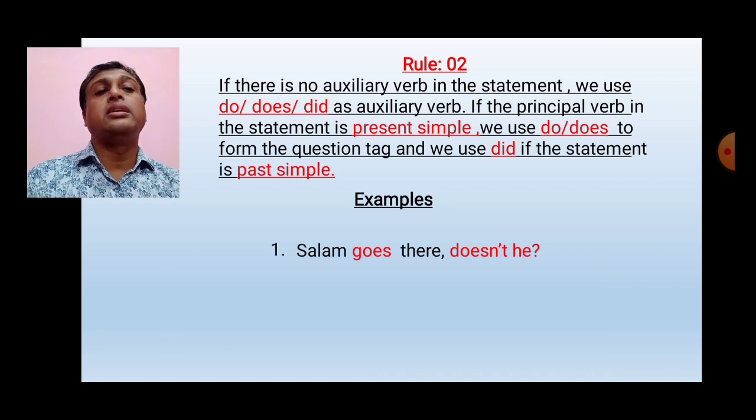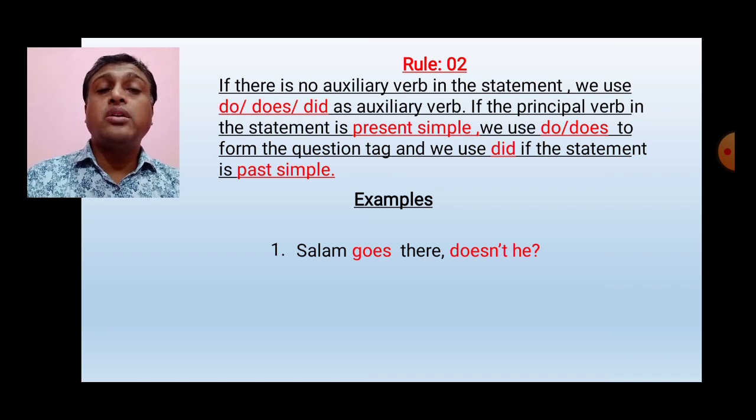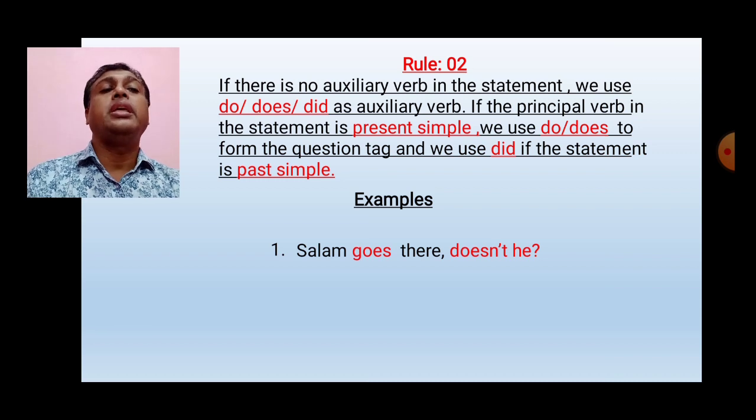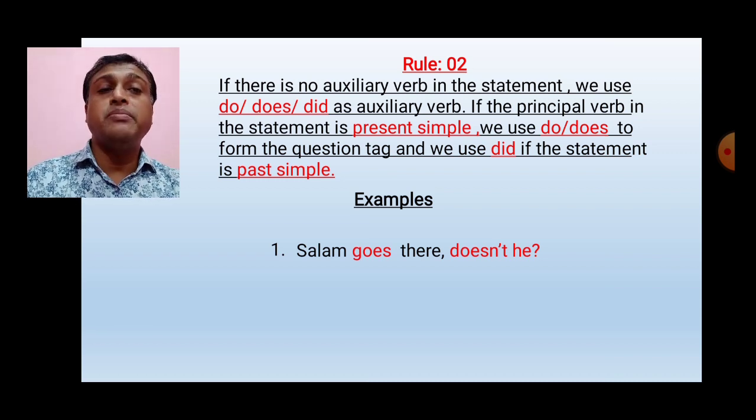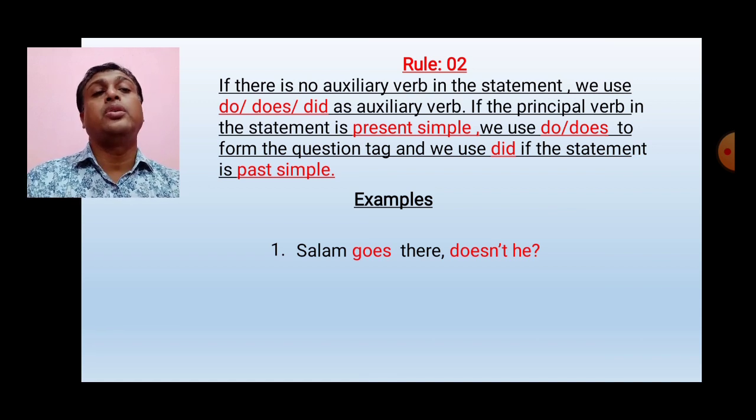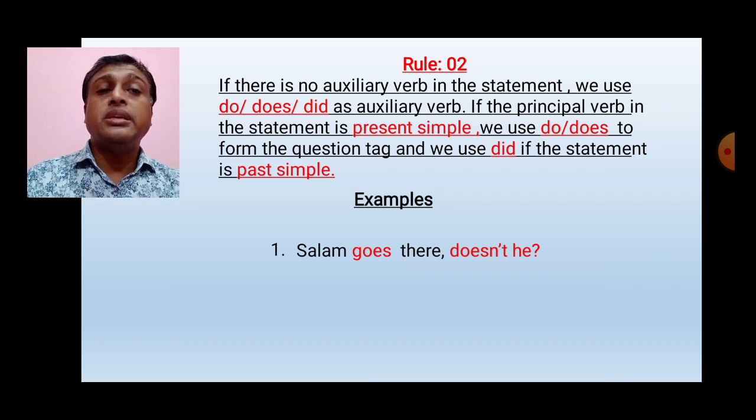In this case, we will write auxiliary verb based on principal verb. If the principal verb in the statement is present simple, we use do or does. But if the statement is past simple, then we use did as auxiliary verb. In this sentence, verb is goes. We all know that it is a present simple statement.